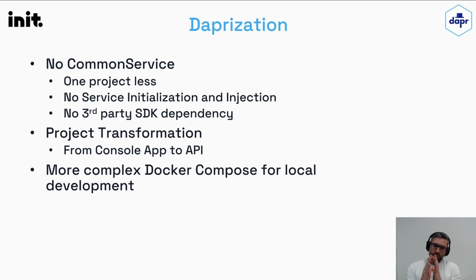Of course, we reduce the source code, but on the other side, we will have to increase the configuration. So we will have to introduce the Dapr components. And of course, we will get a more complex Docker Compose file, at least for local development.